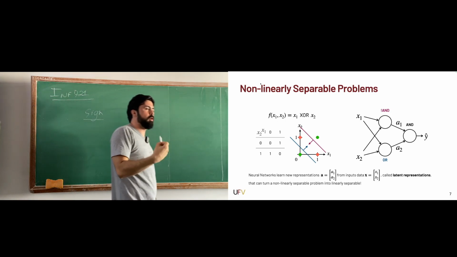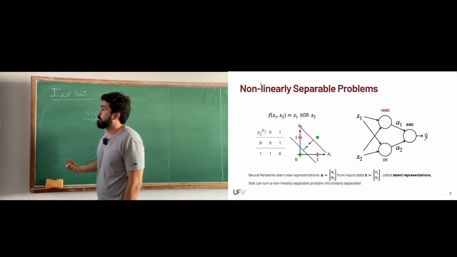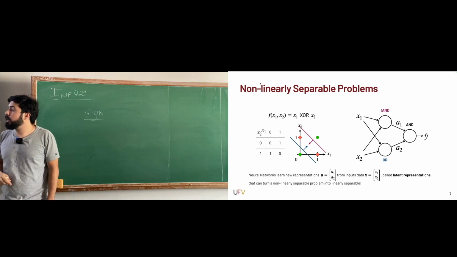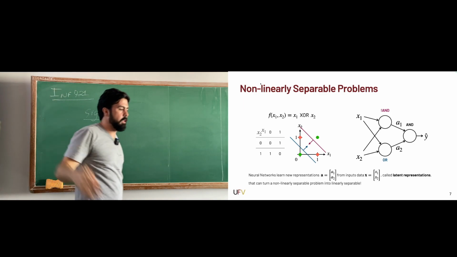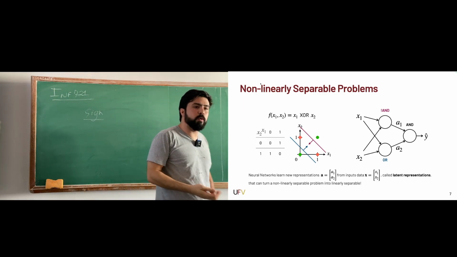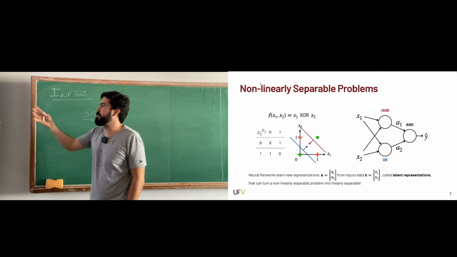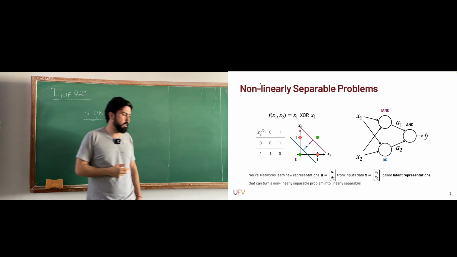So we are transforming the original input to get these latent representations that hopefully will be linearly separable. And then you can actually make the problem much easier at the end here, and then we would be able to solve a problem that originally wasn't linearly separable, but after these transformations, we turned it into a linearly separable problem.